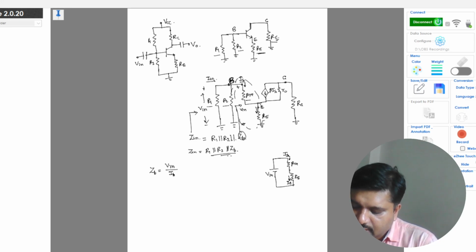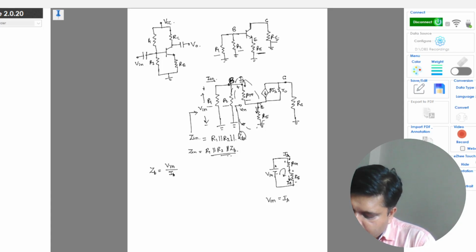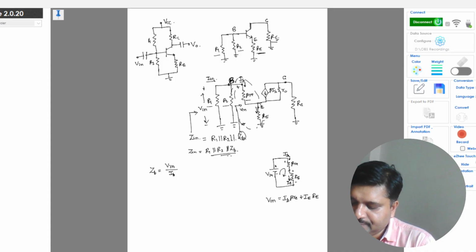Okay, so here by applying KVL, Vin is equal to IB into beta RE plus IE into RE.